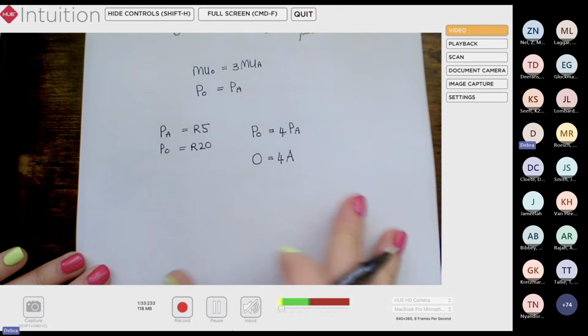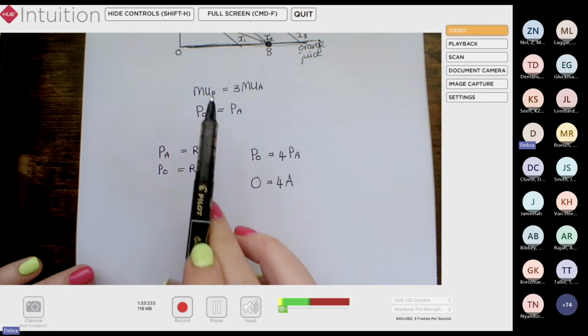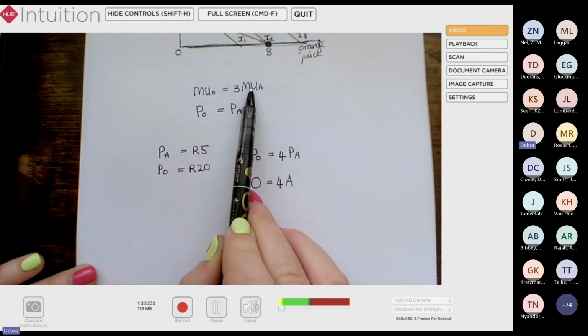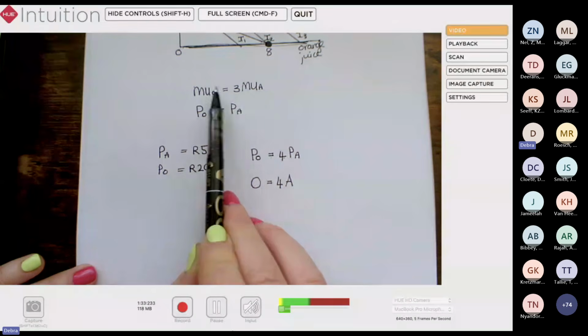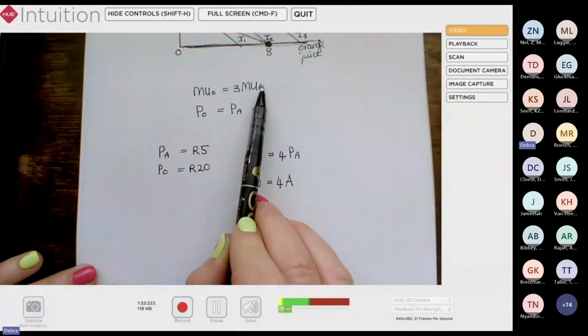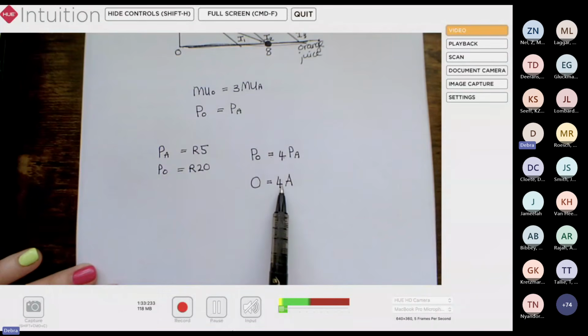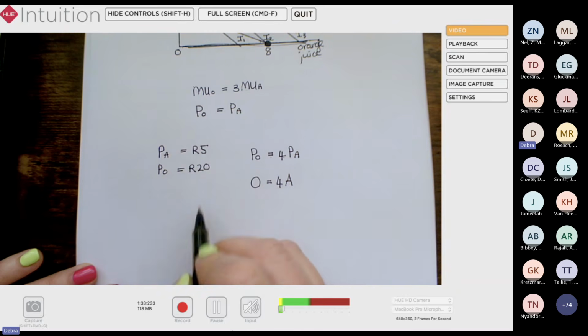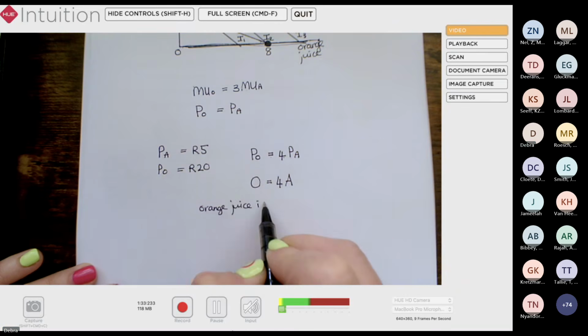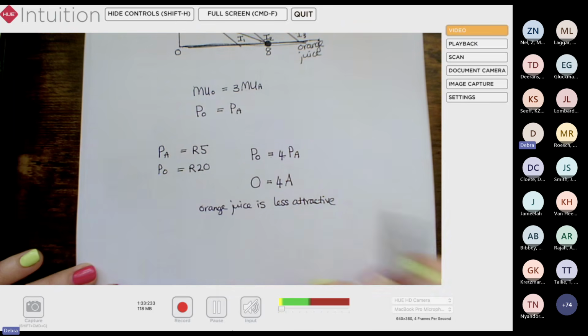If I compare this to the benefit I get from orange and apple juice, if orange juice gives me 3 times the benefit of an apple juice, but an orange juice costs 4 times what an apple juice costs, that means orange juice is less attractive to me now. The marginal rate of substitution is still 3, but now the price of X over the price of Y is 4. So I'm not going to be optimizing if I only consume orange juice.